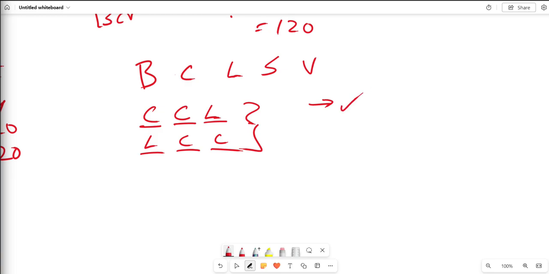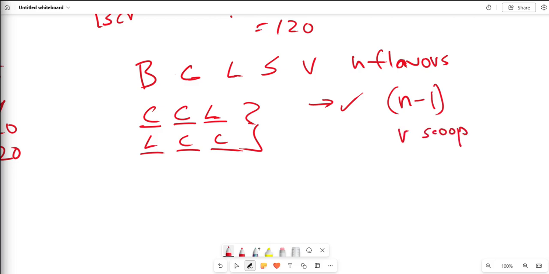Okay? So how many times is it going to move through is always going to be 4 for the case of 5, right? So it's always going to move through n-1 times if you have n flavors. And it's always going to pick 3 scoops. So it's always going to pick R scoops, right?